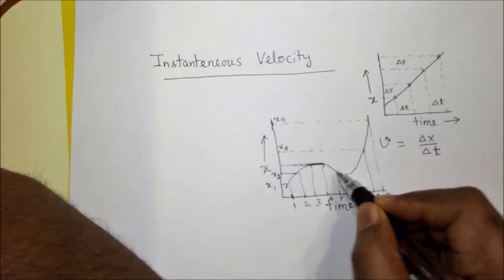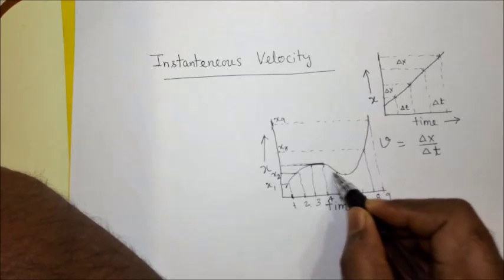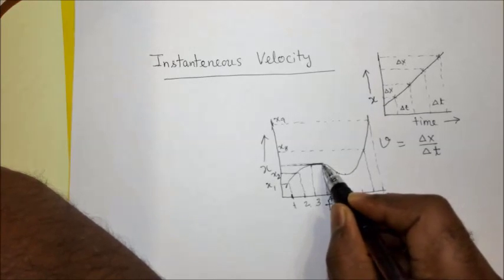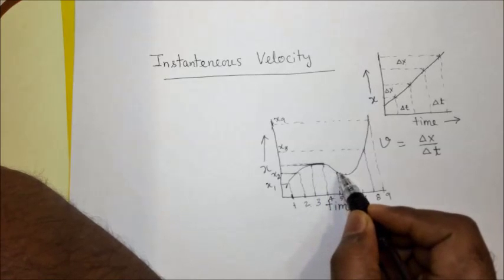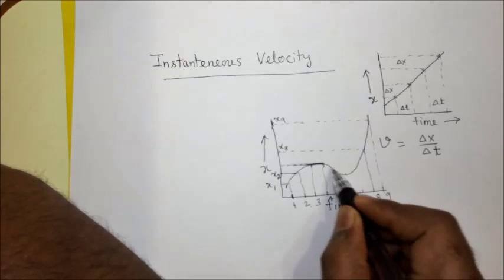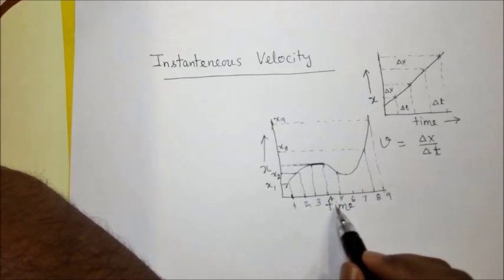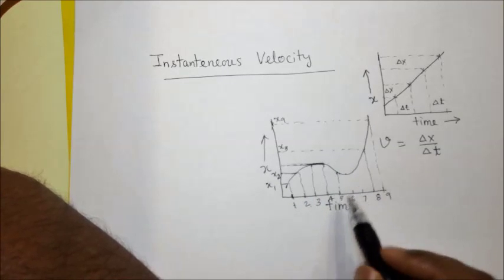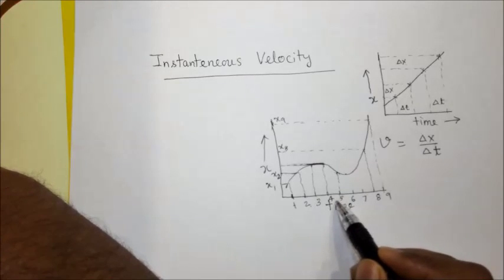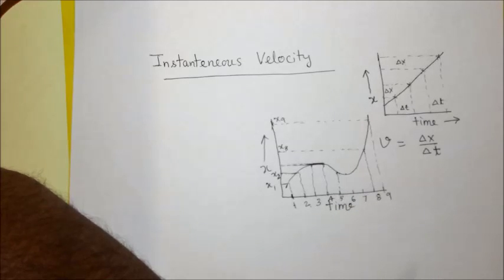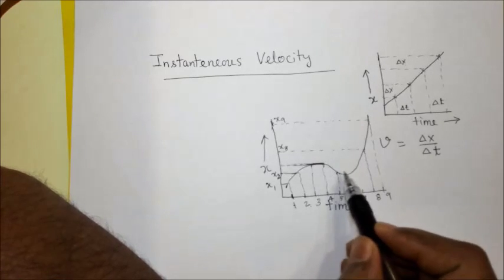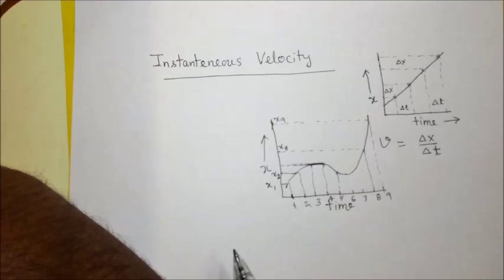This is final position, this is initial position for this interval. Final minus initial, final is less, initial is more, so final minus initial will be negative. So delta x is negative. Delta t is always positive. Time is always positive. So delta x over delta t will be negative. Here the velocity is negative.